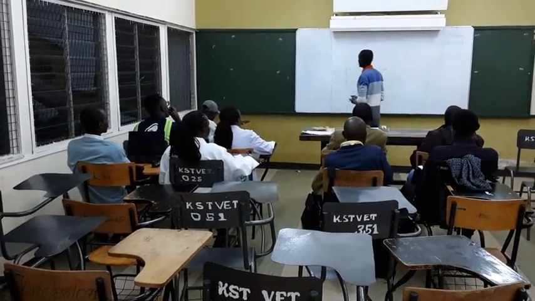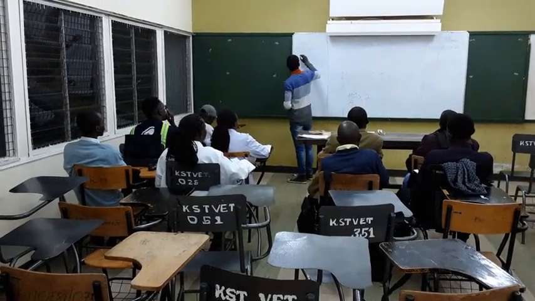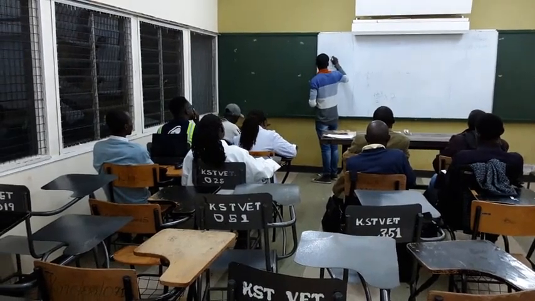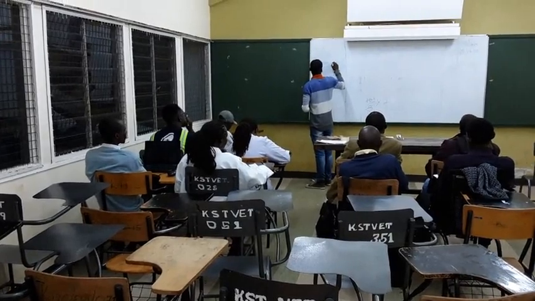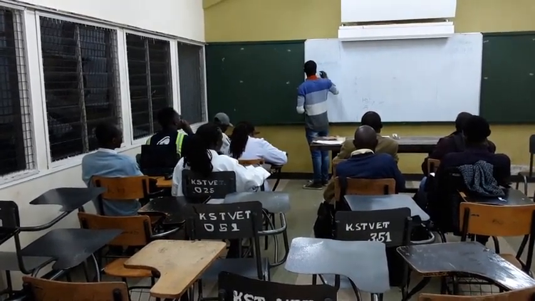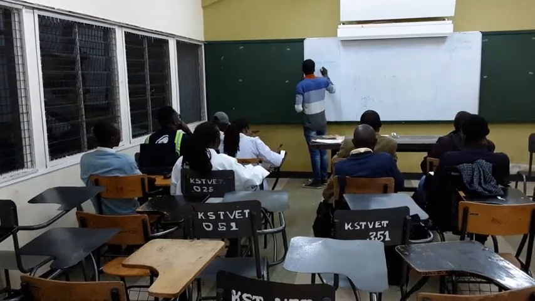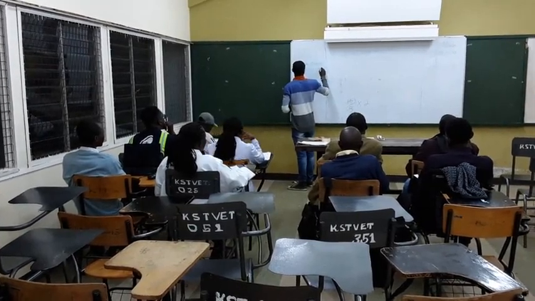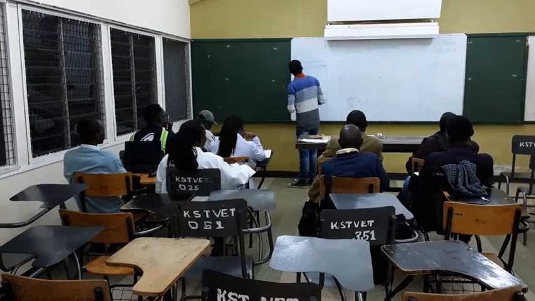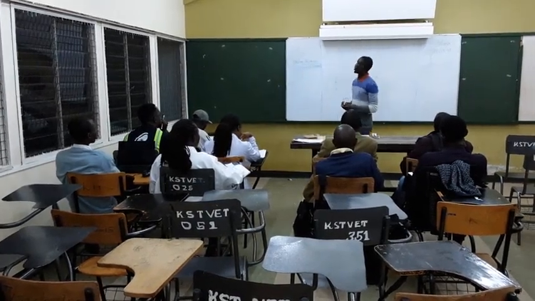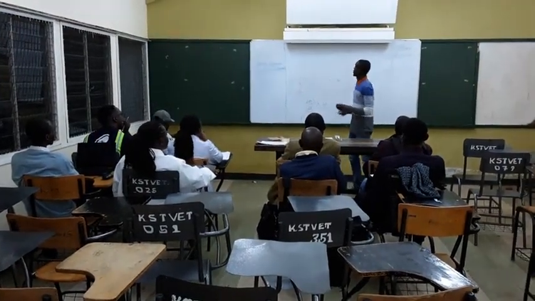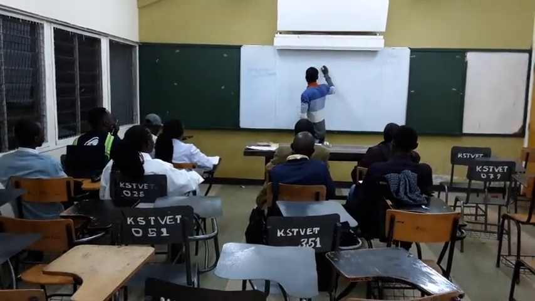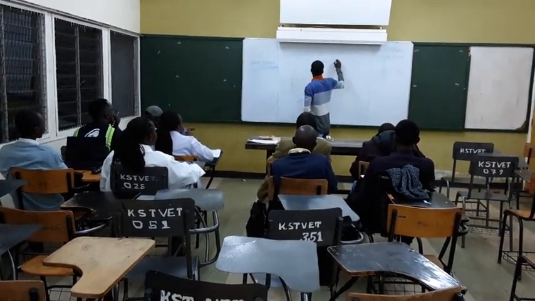The learning outcome for today is, by the end of this session, you should be able to find number systems, which is decimal. We only have this outcome for today. And the topic is number systems. So this is our first topic, number systems.